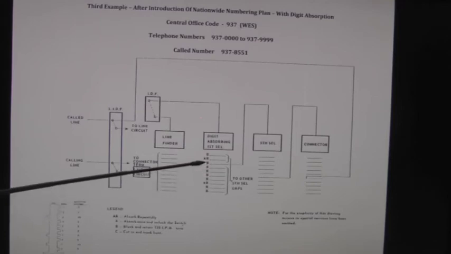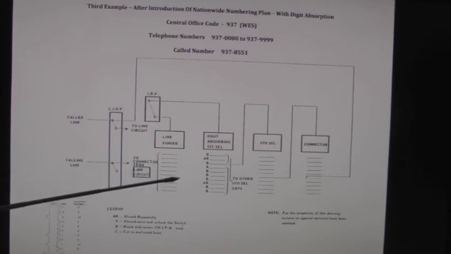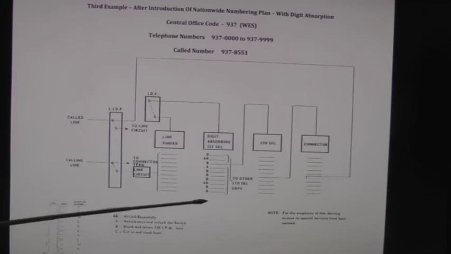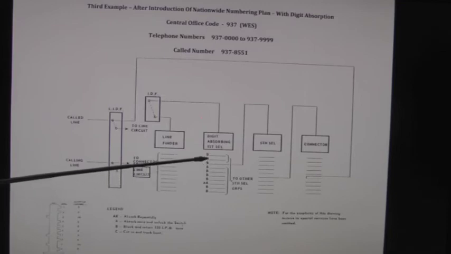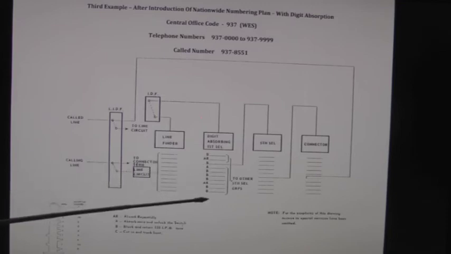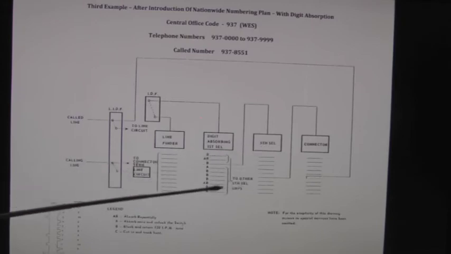And that's because on level 9, the selector had the AR digit absorbing feature. And the legend says that AR means absorb repeatedly. So when the customer dials a 9, it steps up and just drops back down. The next digit then is not handled by the next rank of selectors.